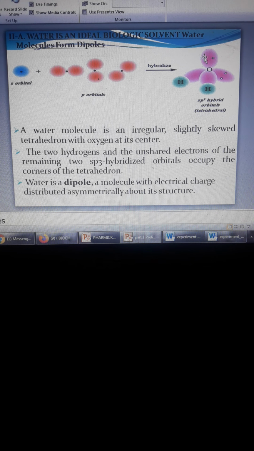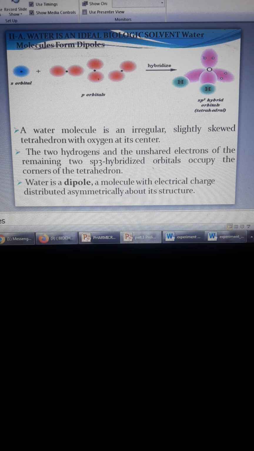Based on the orbitals, it is sp3 hybridized, meaning it comprises one s orbital plus three p orbitals: the px, the py, and the pz orbitals.